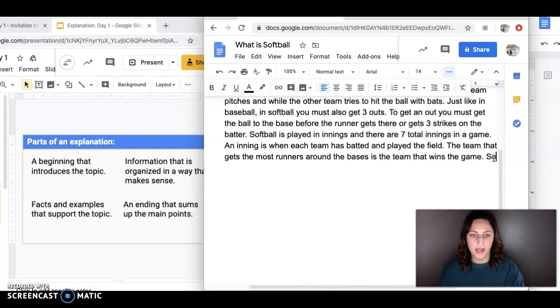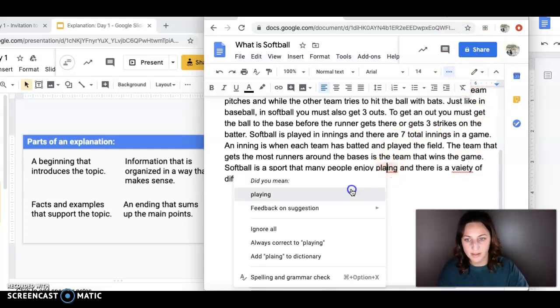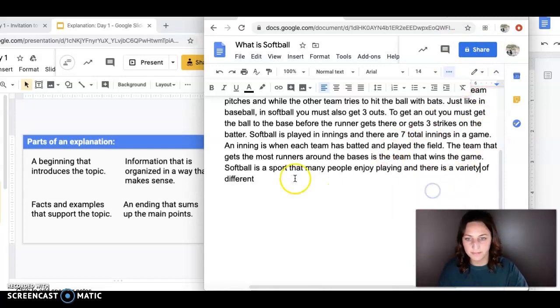I will say, softball is a sport that many people enjoy playing, and there is a variety of different types you can play with different rules.